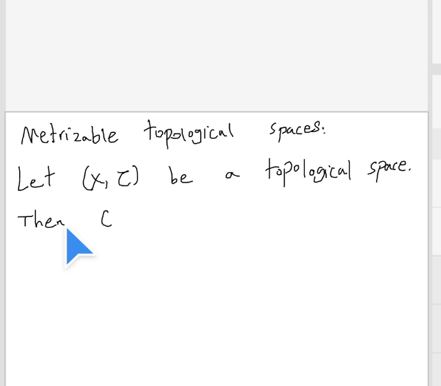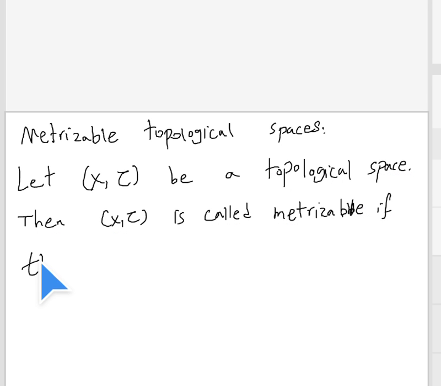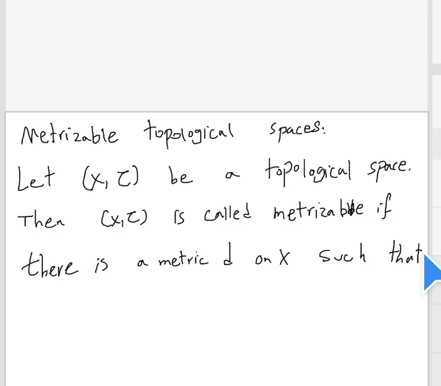Then (X, tau) is called metrizable if there exists a metric d on X such that tau_d is equal to tau.